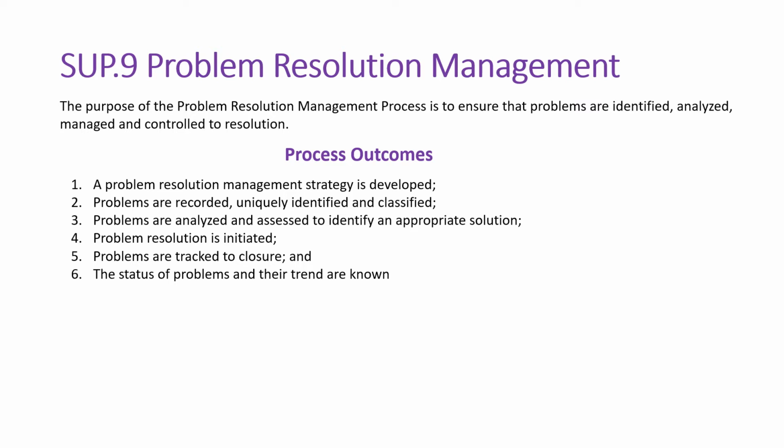This means we have to provide a provision for recording the problems, and unique identification means you have to give a problem a unique identification number and a segregation. So whether the problem is major, critical or severe, or trivial, these kinds of classifications or bucketization we need to do.